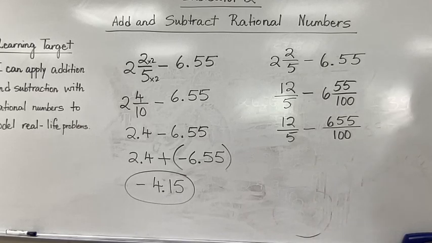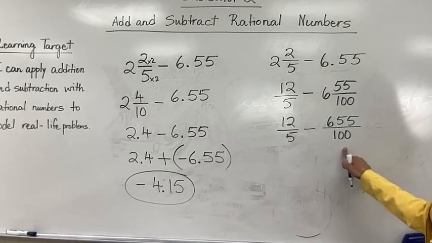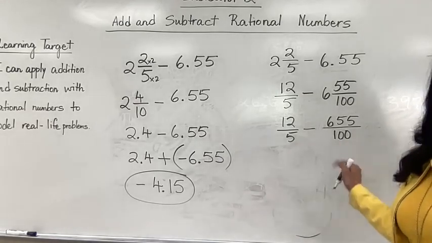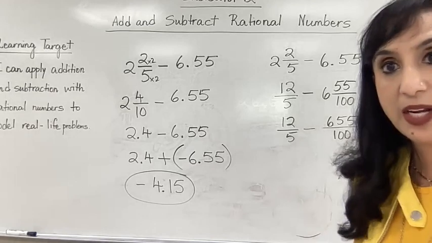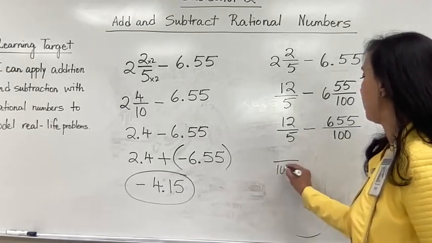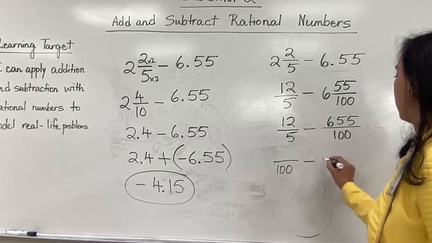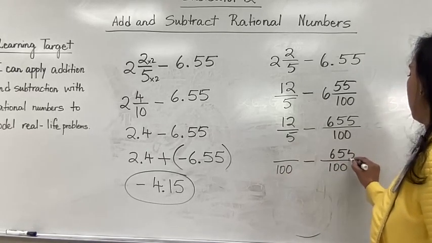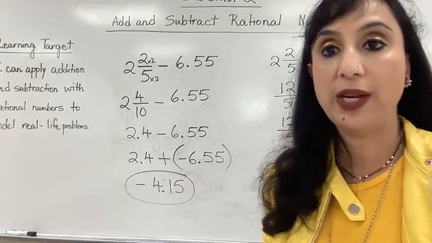All right, and now I can see that 100 is definitely going to be the common denominator, because the denominators are different, I've got to convert them to the same denominator. So when I am adding or subtracting, I'm going to make this 100 minus this 20.